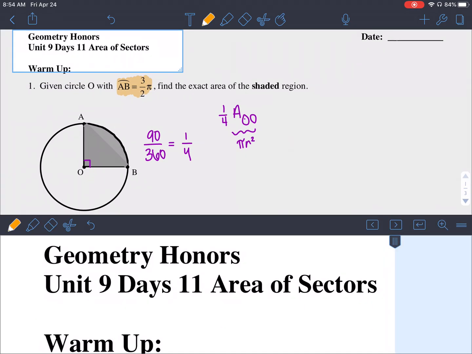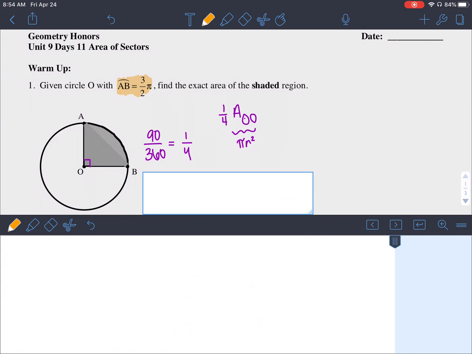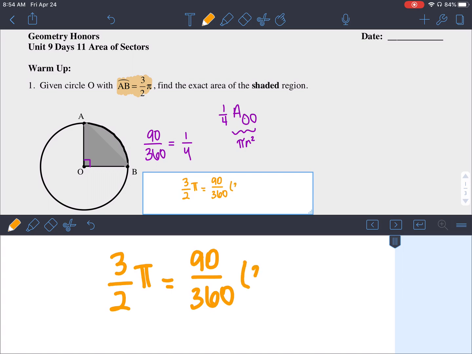So if I wanted to find arc length, the arc length is equal to the arc measure divided by 360, which we've already talked about could be reduced to 1/4, times 2 pi r, since it's part of the circumference.